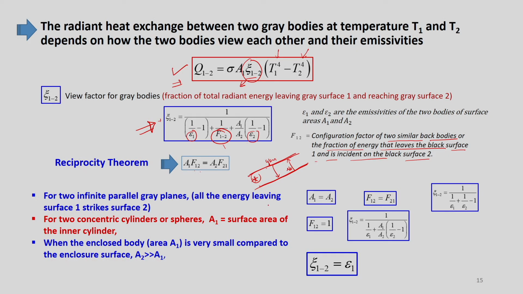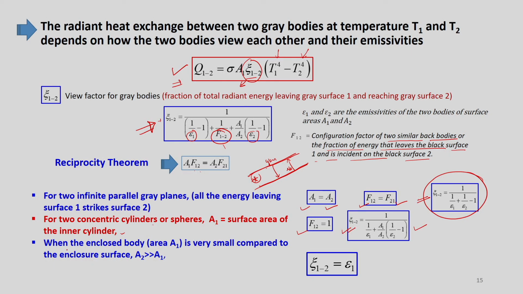Okay. So, for this case A1 is equal to A2 and the configuration factor is the same, and our view factor can be calculated by using this expression. This factor is a function of the two emissivities of the surfaces where the exchange of radiation is taking place. And for concentric cylinders or spheres, if A1 is the surface area of the inner cylinder, then F12 is 1, and we can use the expression for the view factor something like this.